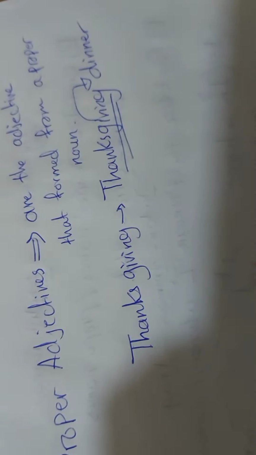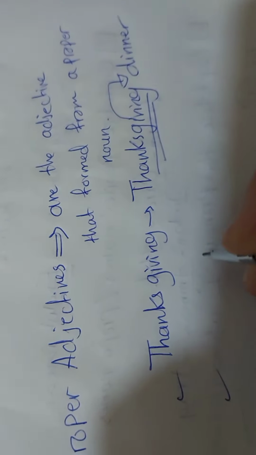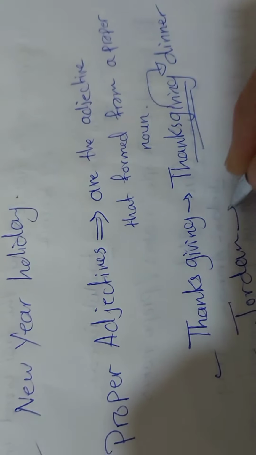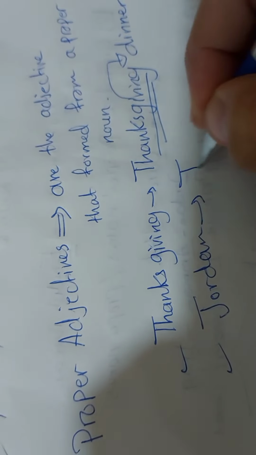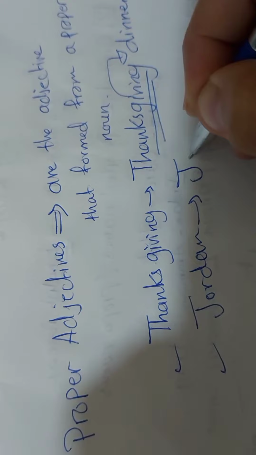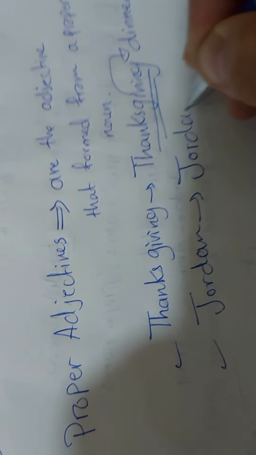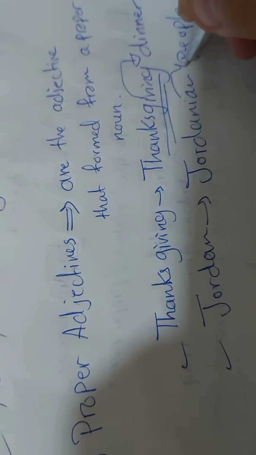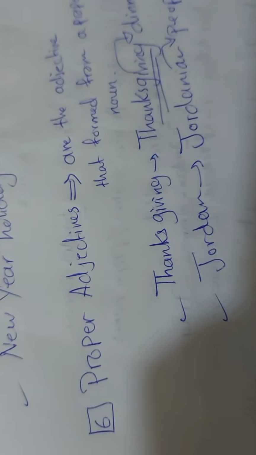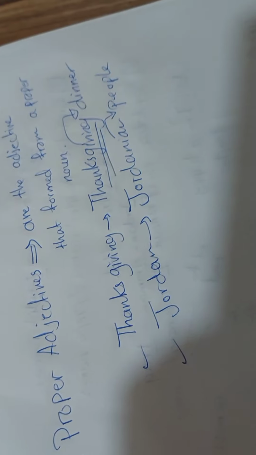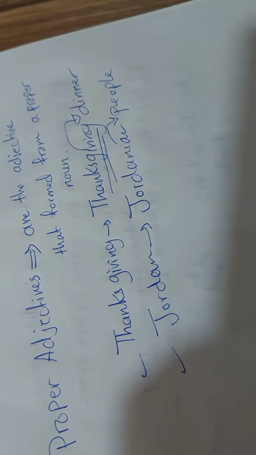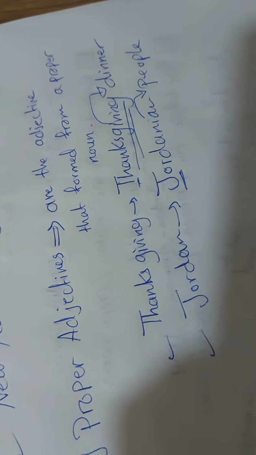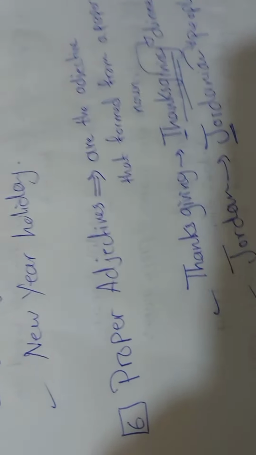Another example to make it a little bit closer: let's say Jordan is one of the proper nouns for sure. When I come to use it as a proper adjective, I may say Jordanian people. So here it became an adjective to describe the noun people. This is exactly what we mean by proper adjective. As you see, we're using them in uppercase, or we're capitalizing them.